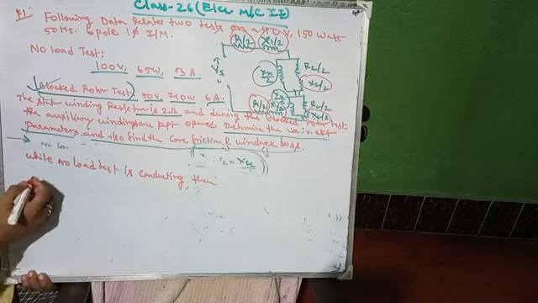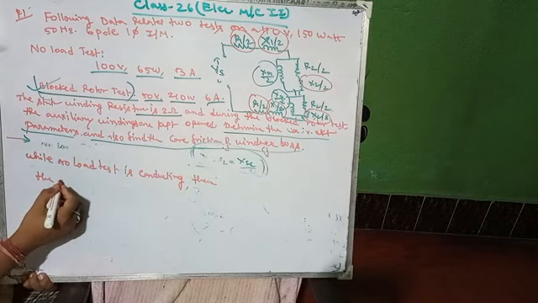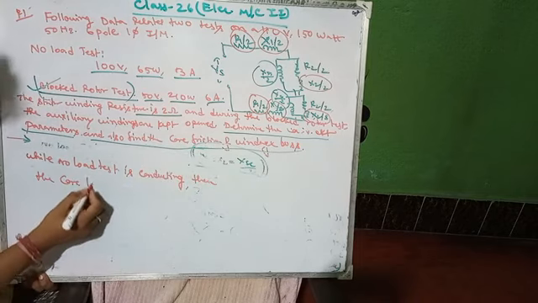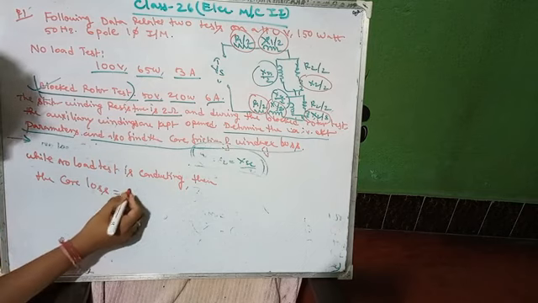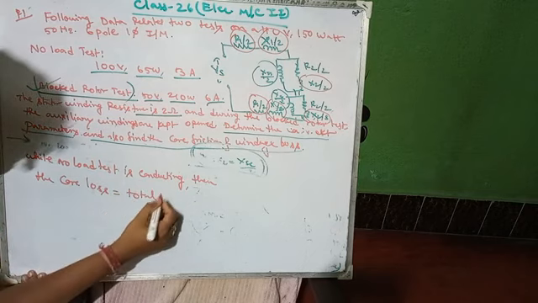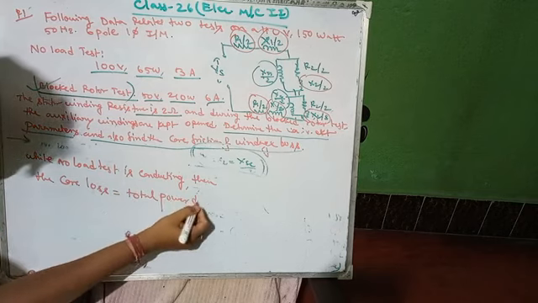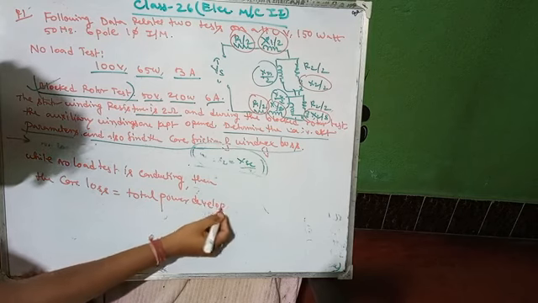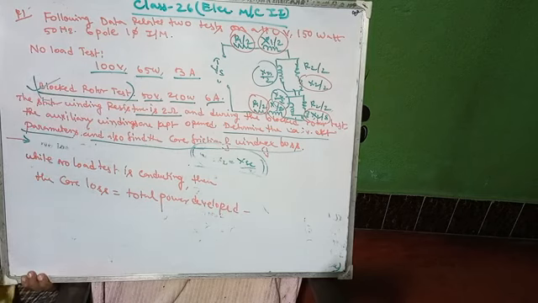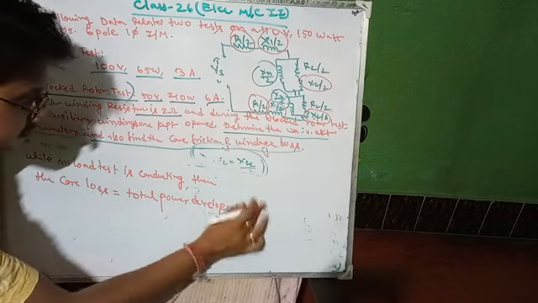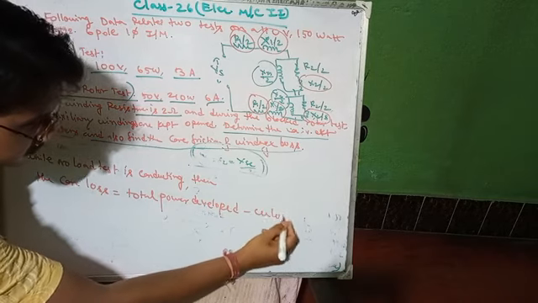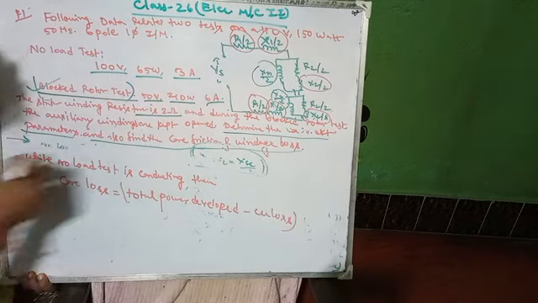then by the power balance, first write core loss equals total power developed minus copper loss.